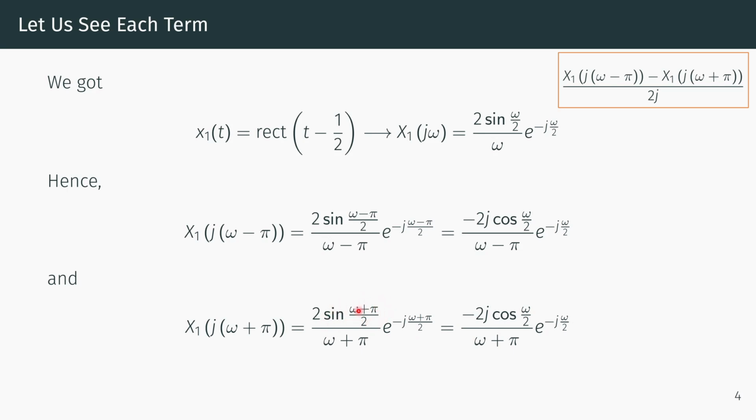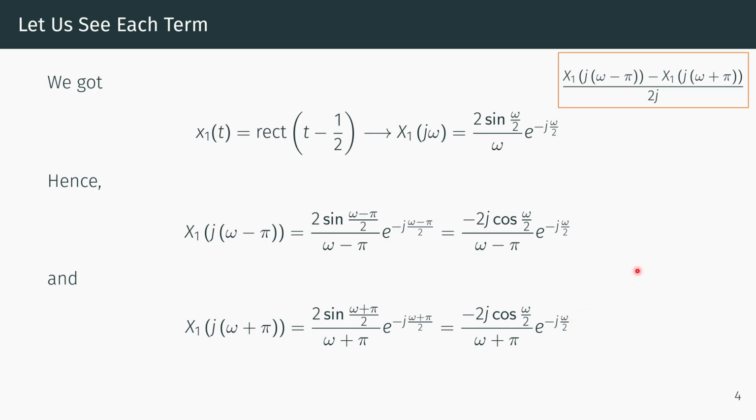So you will get sine of (omega plus pi) by 2 is cos omega by 2. Here you have e power minus j omega by 2 multiplied with e power minus j pi by 2, which is nothing but minus j, and hence you will get X1 of j(omega plus pi) to be equal to minus 2j cos omega by 2 divided by omega plus pi, and e power minus j omega by 2.